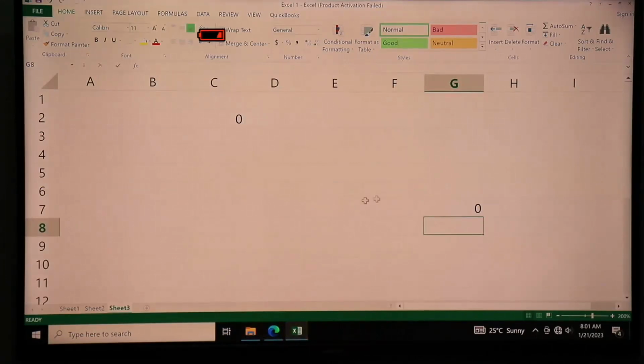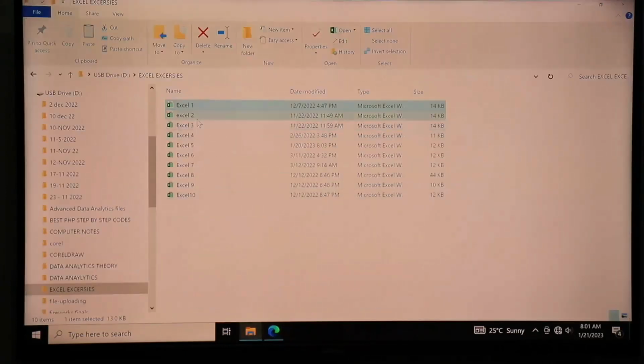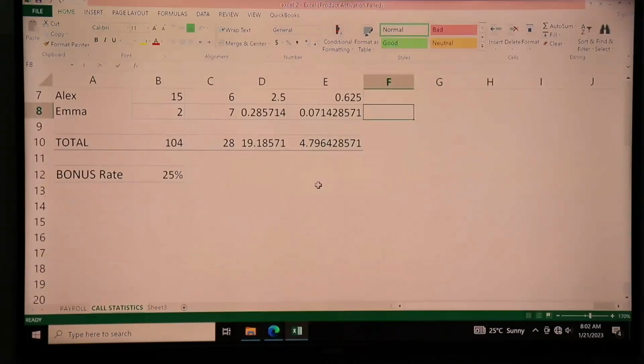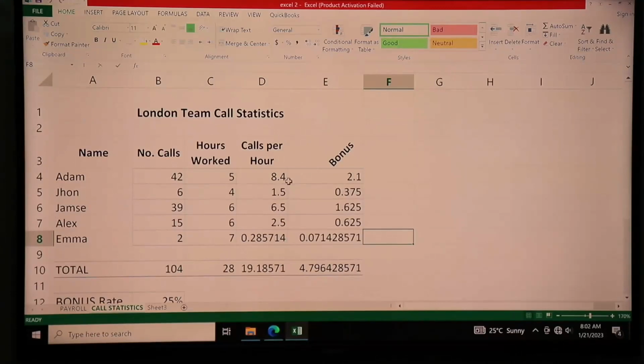If you have got the file, please confirm that you have got the file.